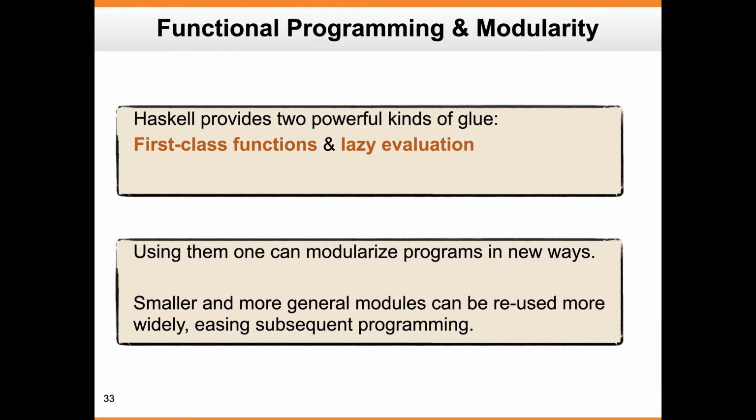We can compose functions together by applying one function to another, and lazy evaluation helps with avoiding having to execute the functions completely, producing complete results before I execute the next function in the composition. So this way I can define smaller and more general modules, which can be reused widely. And this facilitates programming in the form of plug-and-play components.